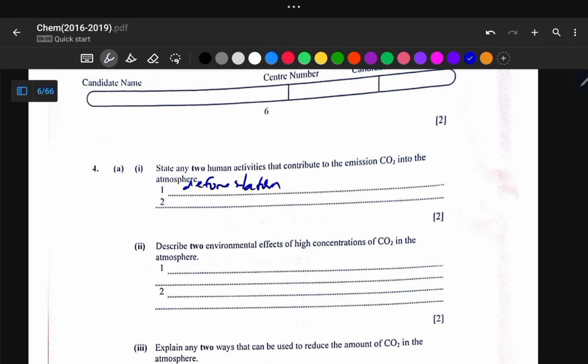By deforestation, we reduce photosynthesis, thereby increasing the concentration of carbon dioxide in the atmosphere. And then the combustion of fossil fuels, e.g. coal, natural gas, right?